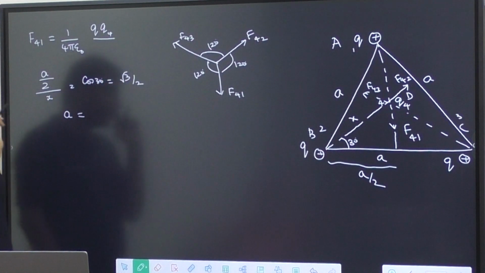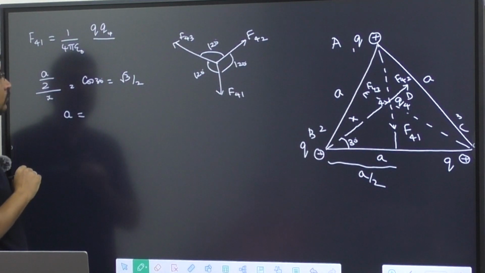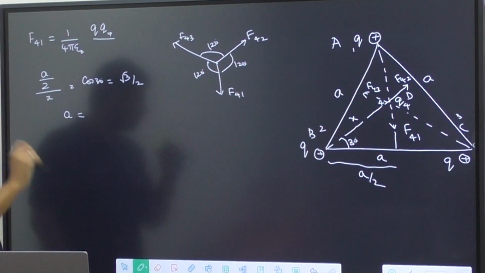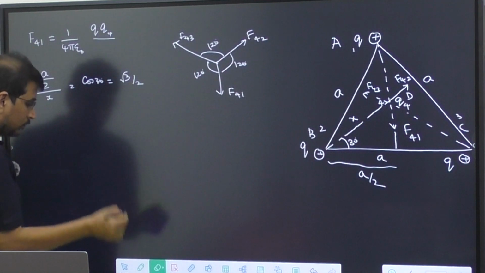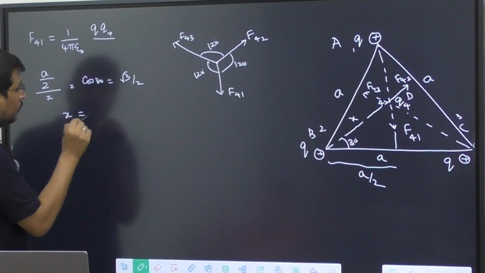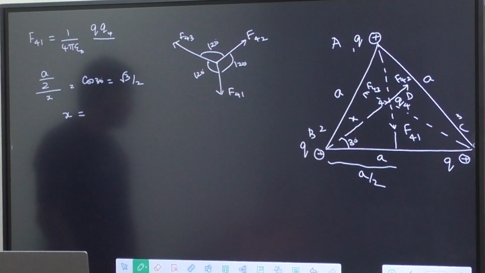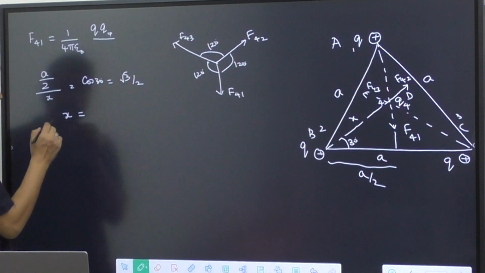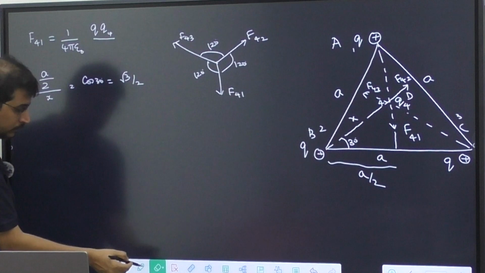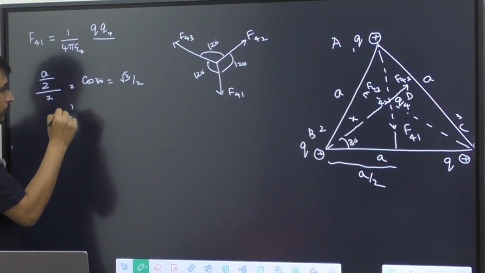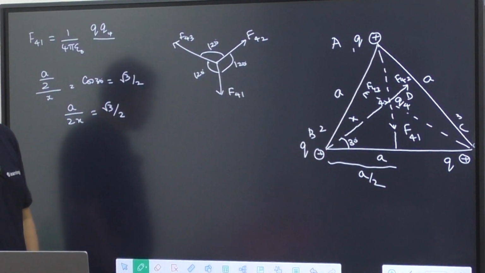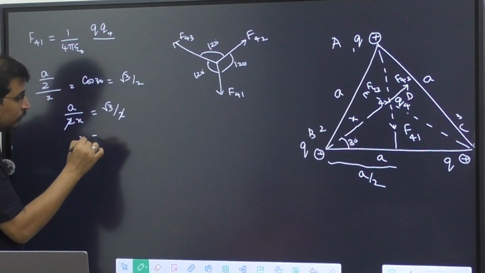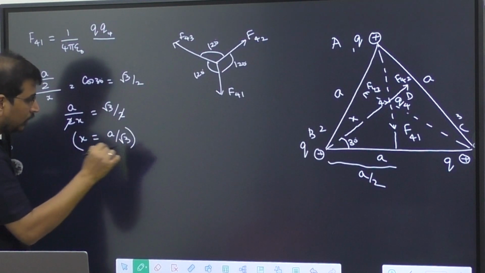So A by 2x is equal to root 3 by 2. So 2 and 2 are gone. So x will be A by root 3.